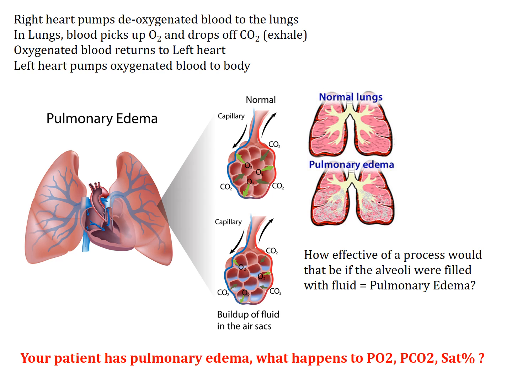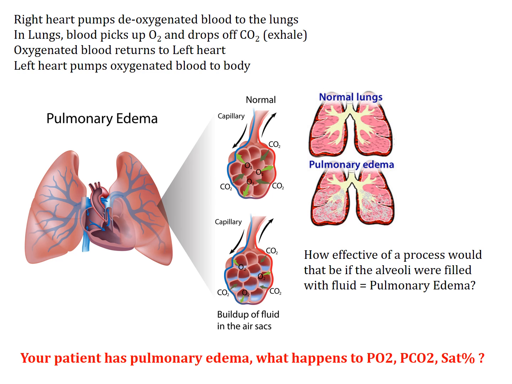What happens if suddenly, rather than having air in the alveoli, we start putting fluid in the alveoli? A pleural effusion is accumulation of fluid in the pleural space. Pulmonary edema is the accumulation of fluid in the alveoli, right?